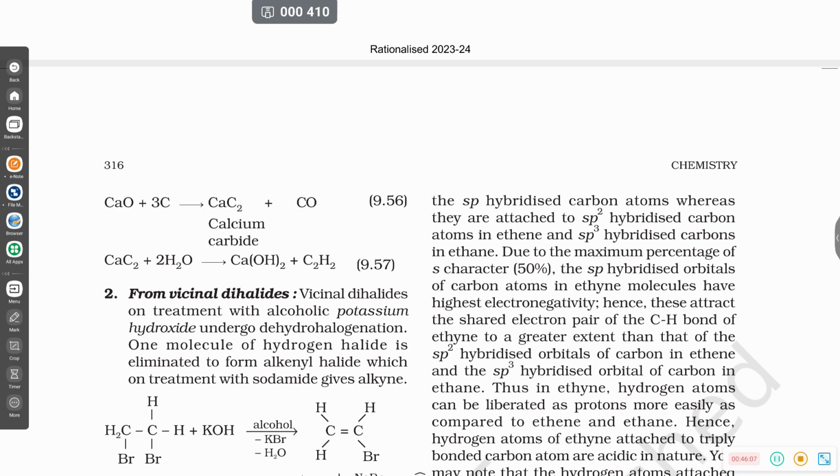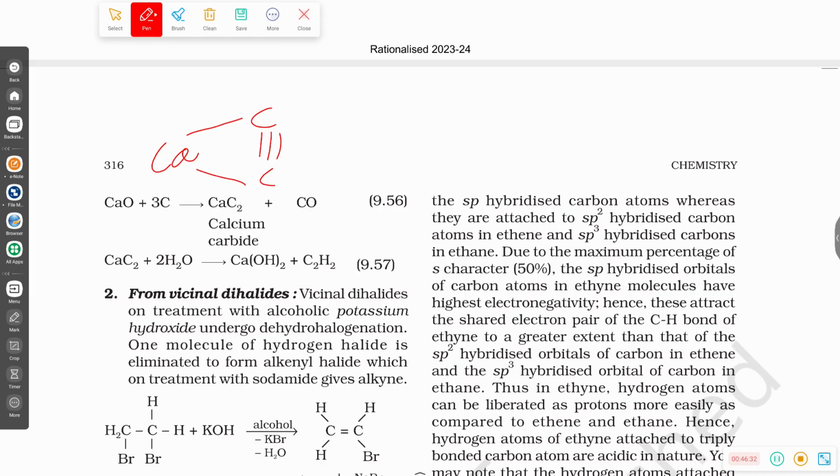In p-block elements, I am telling, different carbides will give different alkynes. Aluminum carbide gives methane, magnesium carbide gives propyne. Calcium carbide and hydrolysis. Here, what is happening? You see. Actually, calcium carbide will exist like this, Ca2+ and C2 2-. How is it forming? Just for understanding, I am telling.